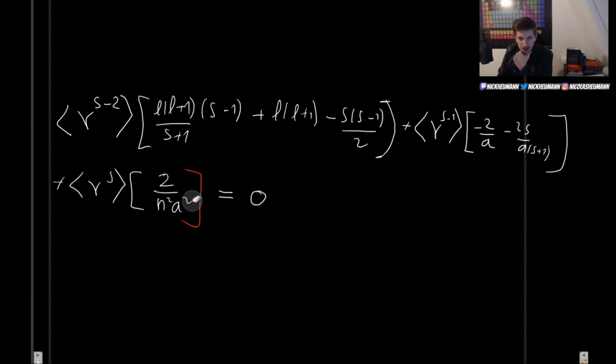So this s plus 1 here, of course, will be gone. We will have 2 multiplying this, 2 multiplying this, and this will also be multiplied by s plus 1. In this case, this divided by 2 will be gone. I'm gonna maybe rewrite this, and then we have the s minus 1 that was already here times s plus 1.